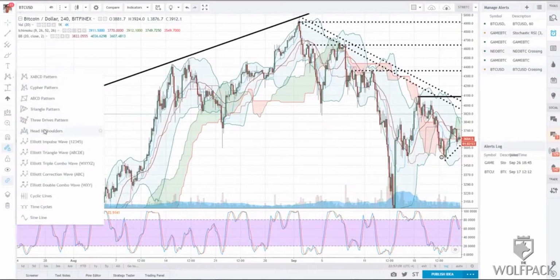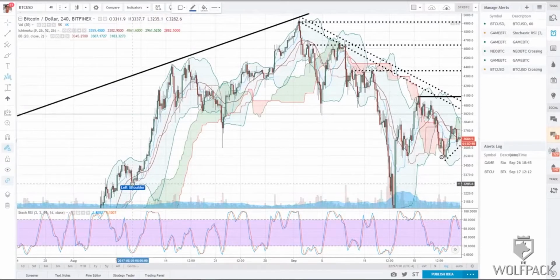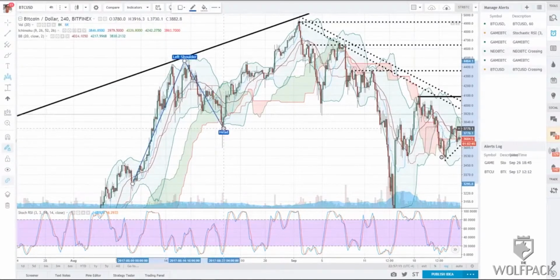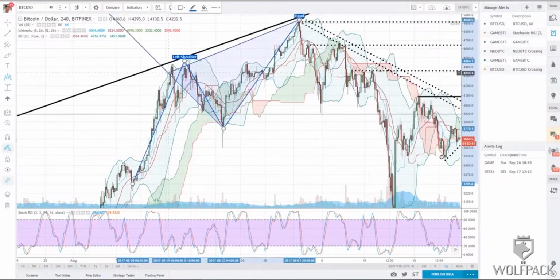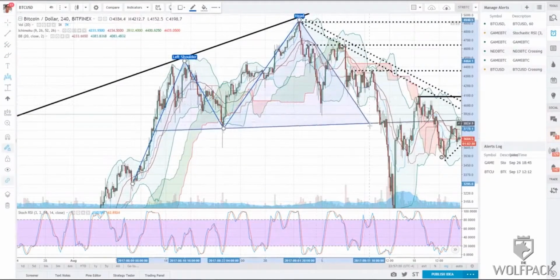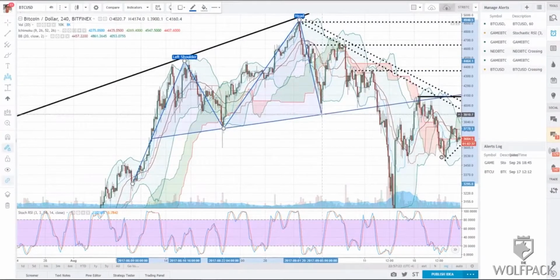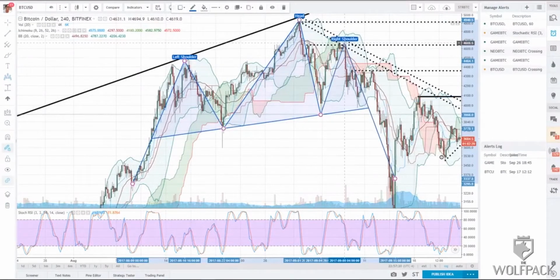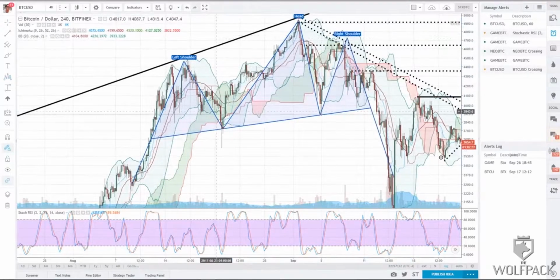So head and shoulders, basically left shoulder down. This is the neckline. Creates the head. The head's always bigger than the shoulders, obviously. And then up, right shoulder, crash. I mean, it's a little ugly one, but there you go for the most part.